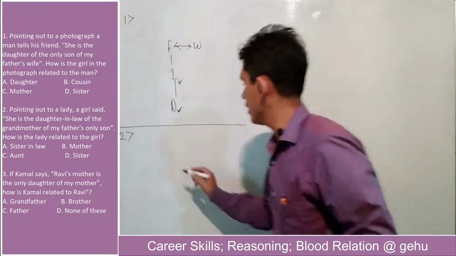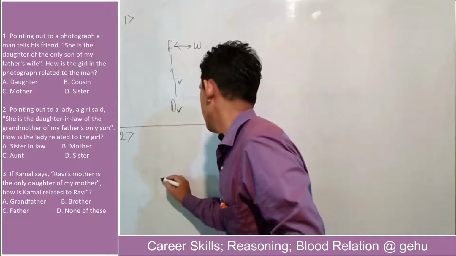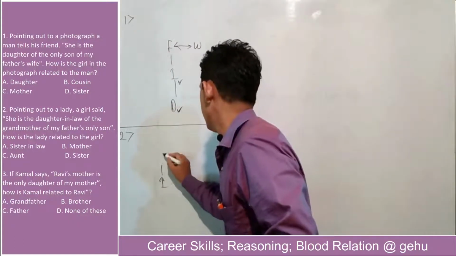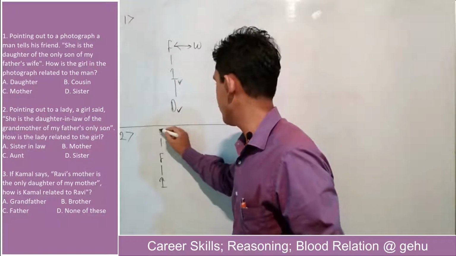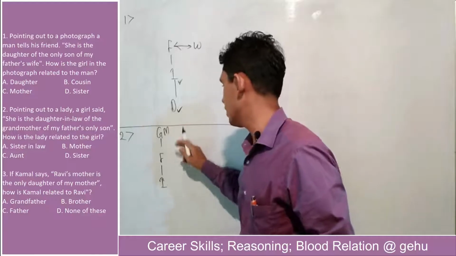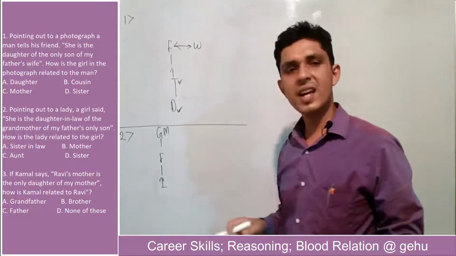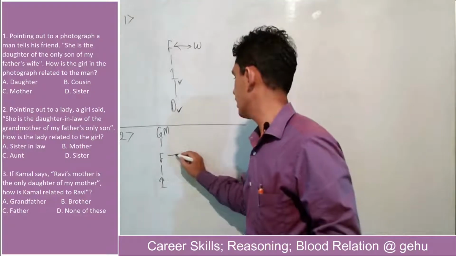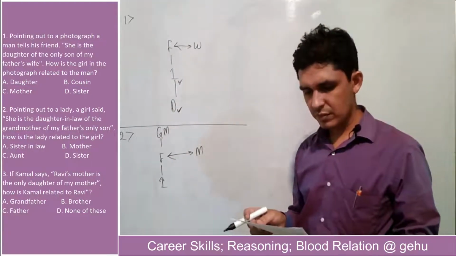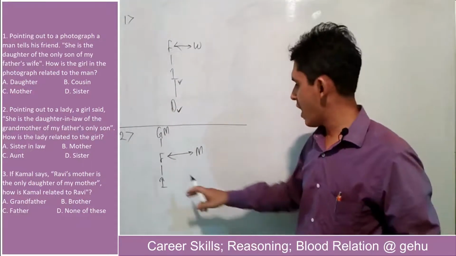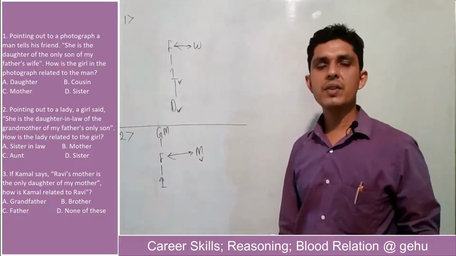So I start with I, my father's only son, that means I itself, and the grandmother of my father's only son, that means my father's mother. Thereafter, the daughter-in-law of the grandmother of my father's only son, that means the wife of my father, that means my mother, right? So in this question, I is talking, and about M I am talking. So who is M here? M is my mother.